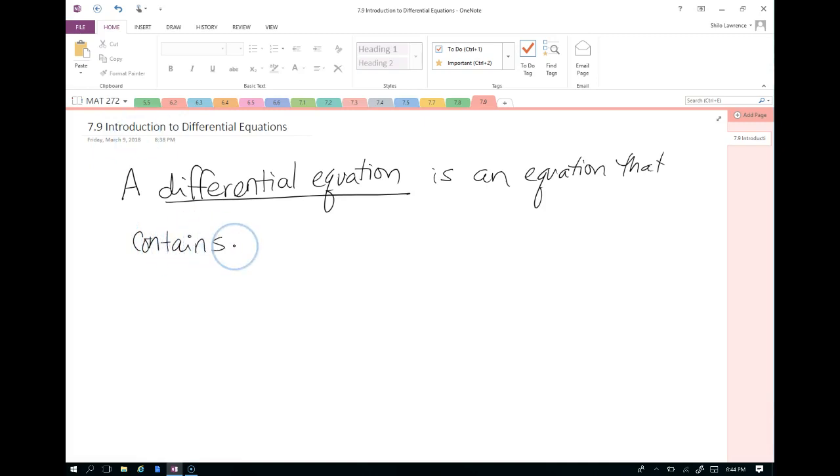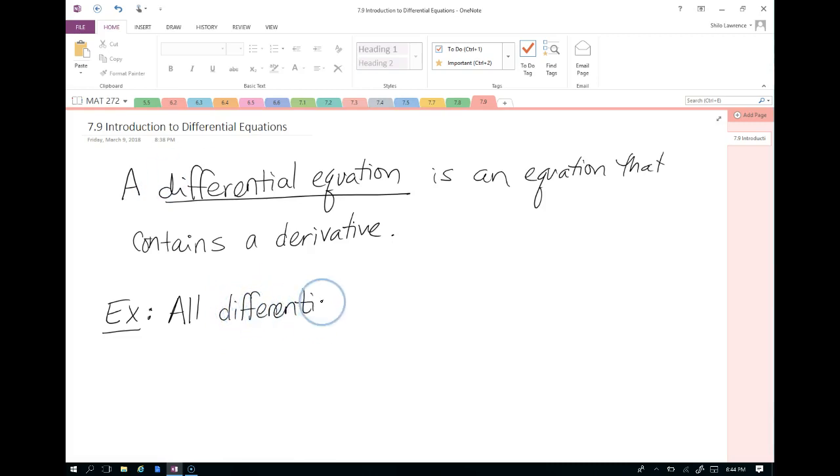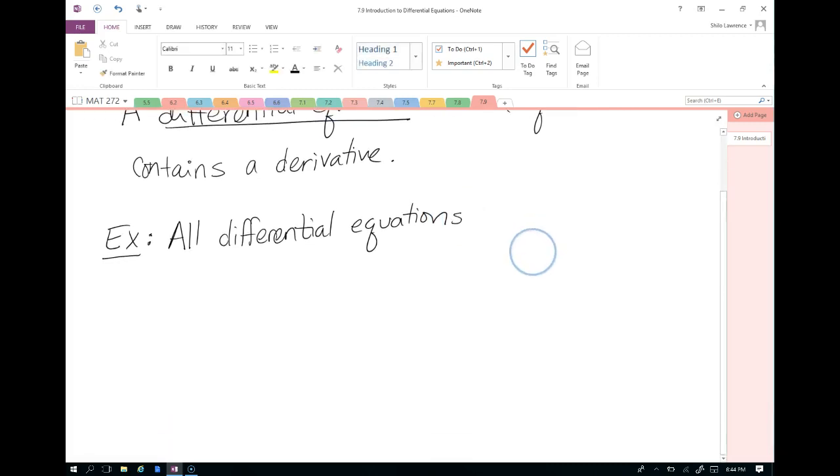So I'll show you a few examples of what these might look like. So these are all differential equations. Now we're not going to solve these right now, but just to give you an idea, really the only criteria is it's an equation that contains a derivative.